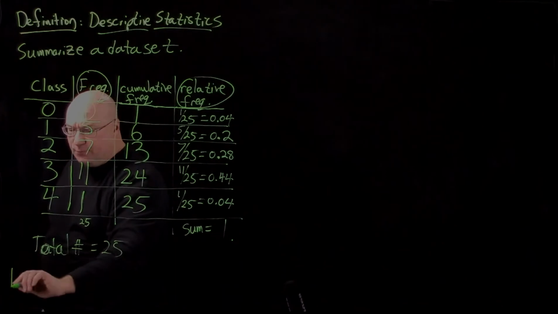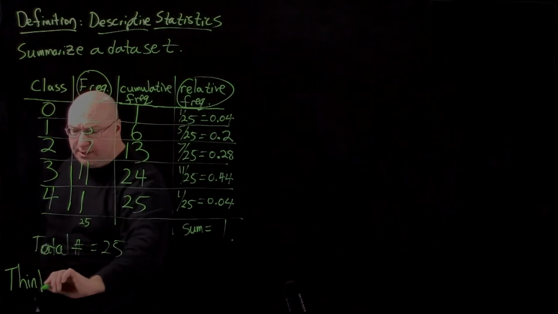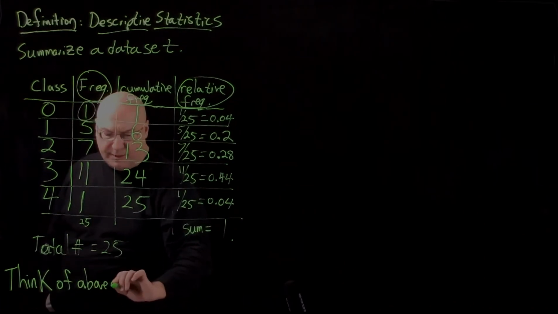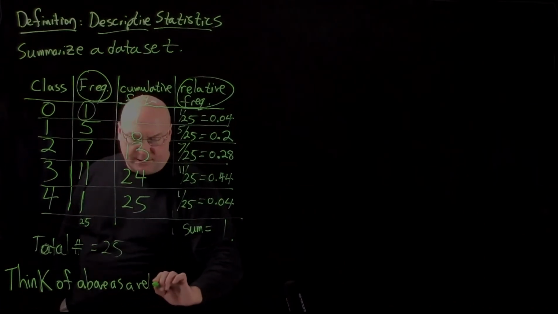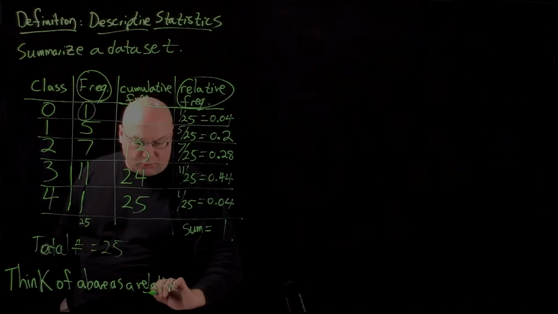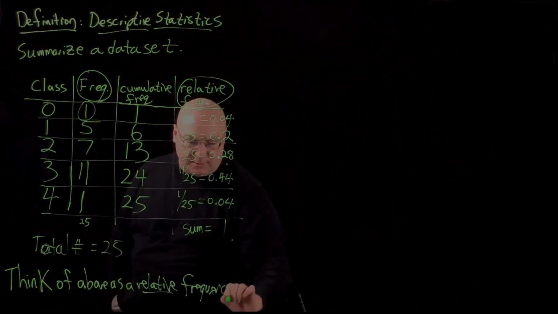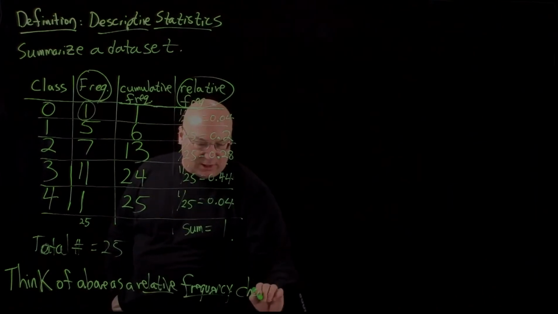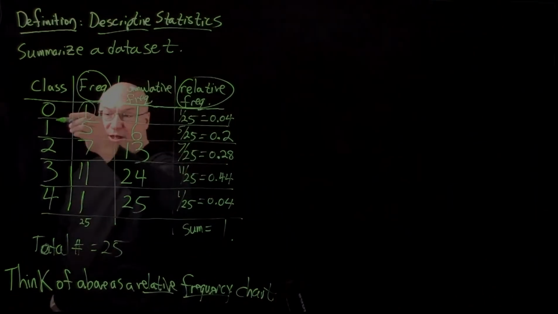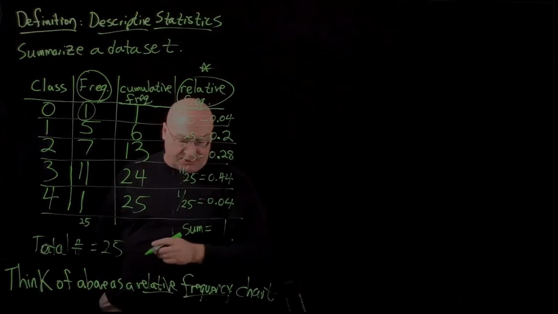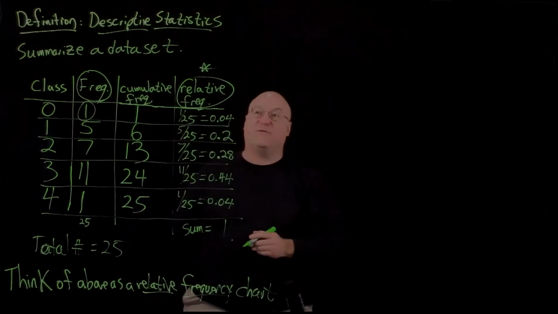So you want to think more of the above as a relative frequency chart. We'll need to know the class values, but the most useful column will be the relative frequency. So it's really more like a relative frequency chart.